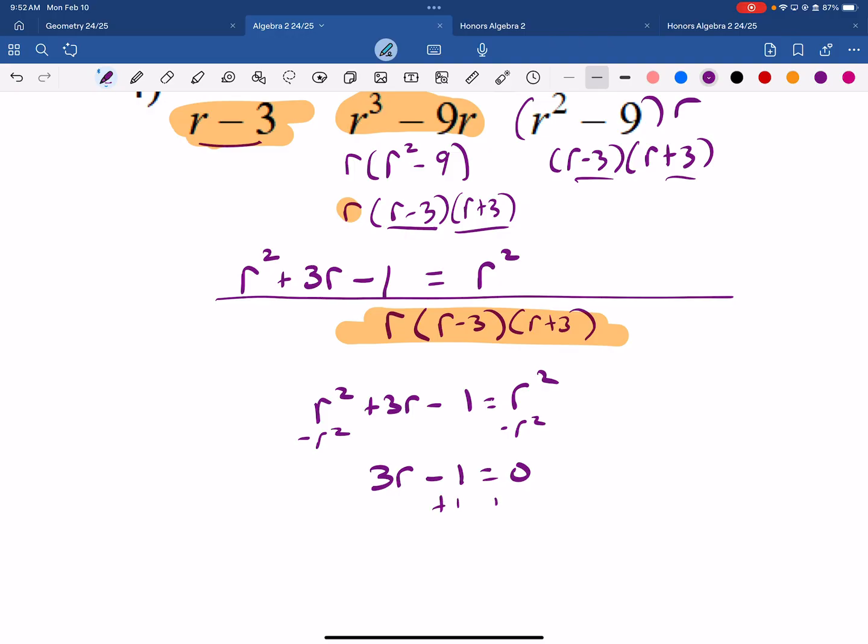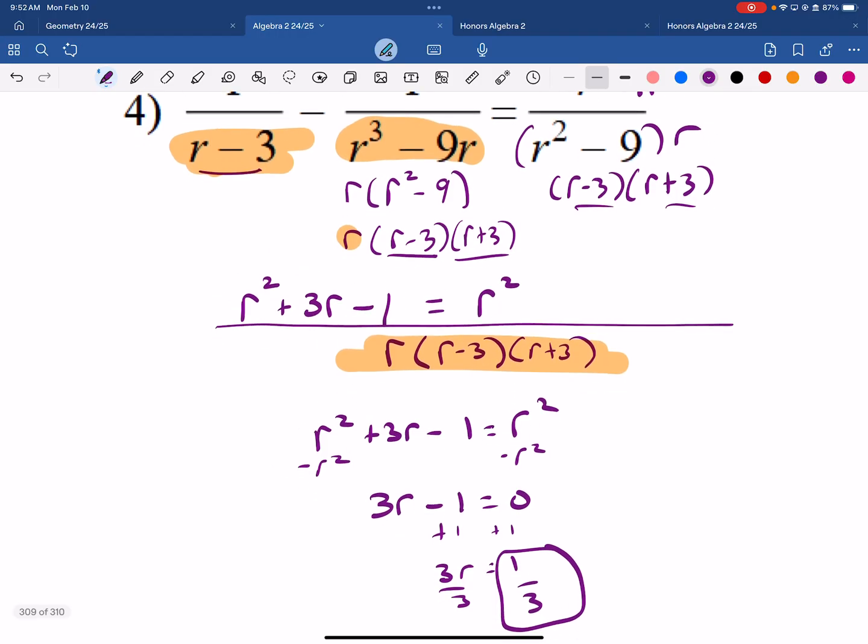Add 1. There's no quadratic now, so that's good. Divide by 3. We get a solution of 1/3. So now let's go back to our original denominators. What's going to make this 0? Well, 3 minus 3 is 0, so r can't be 3.